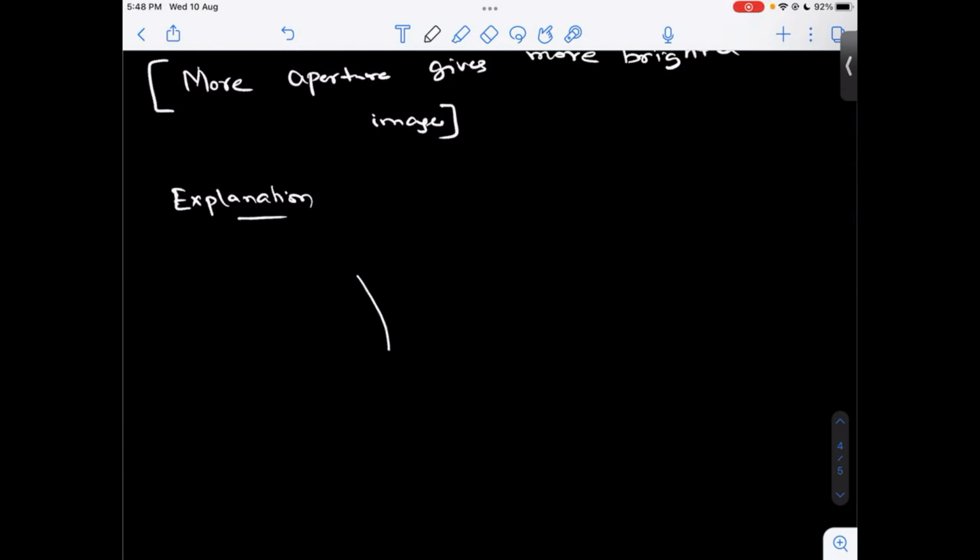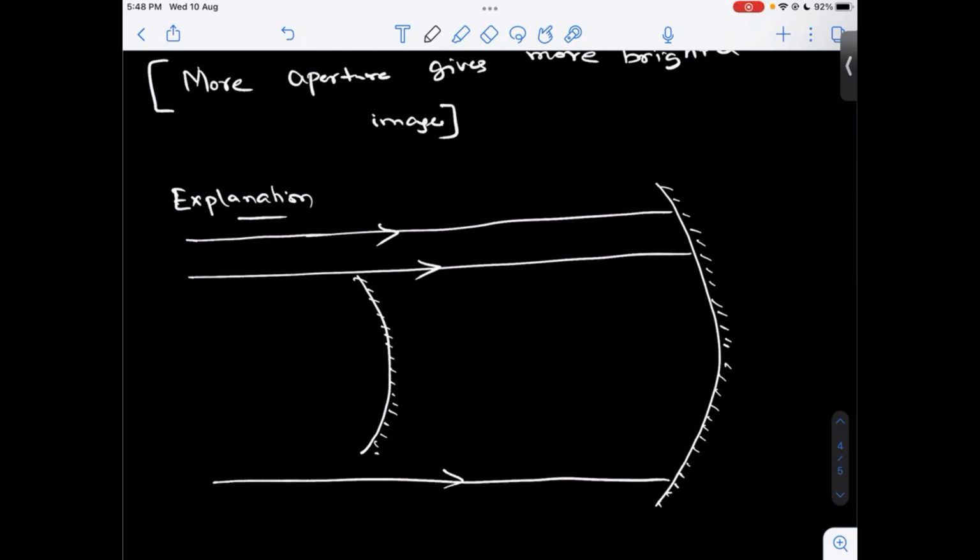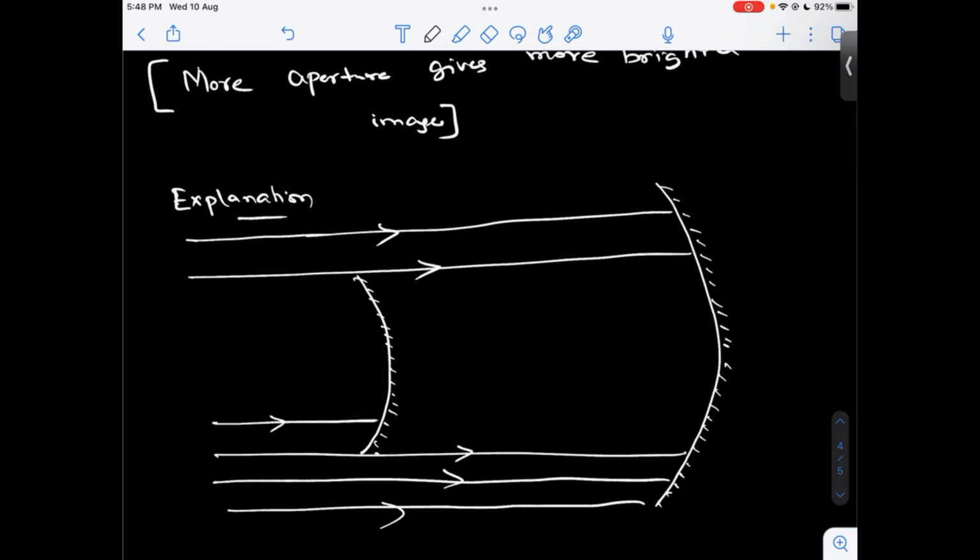If I consider a mirror of this aperture and a greater aperture, if I take the rays coming from infinity, which one has the more possibility of collecting the rays?